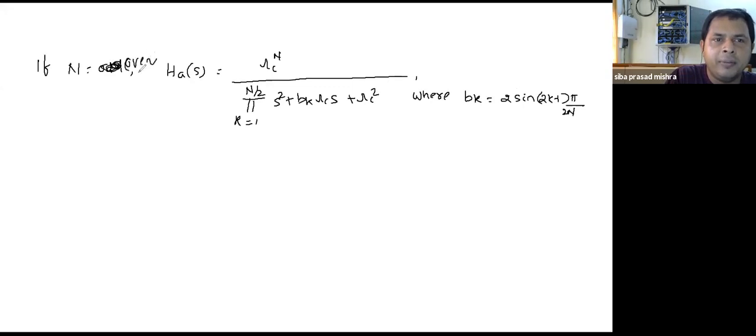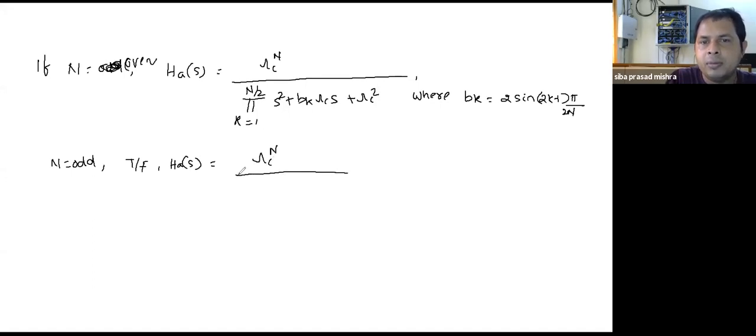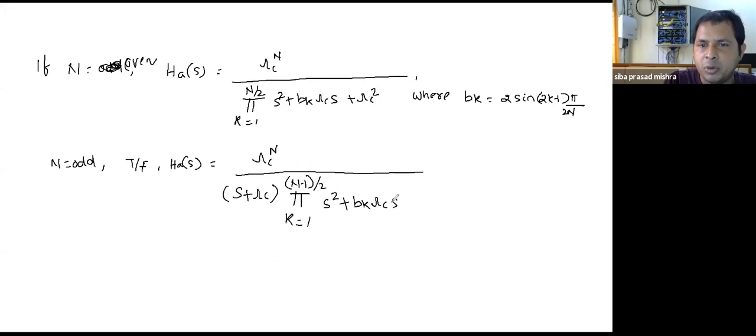And when n is odd, the transfer function H(s) equals omega_c to the power n divided by (s plus omega_c) multiplied by the product over k from 1 to (n minus 1)/2 of (s squared plus b_k omega_c s plus omega_c squared). Same b_k, where b_k is 2 sin((2k minus 1) pi by 2n).